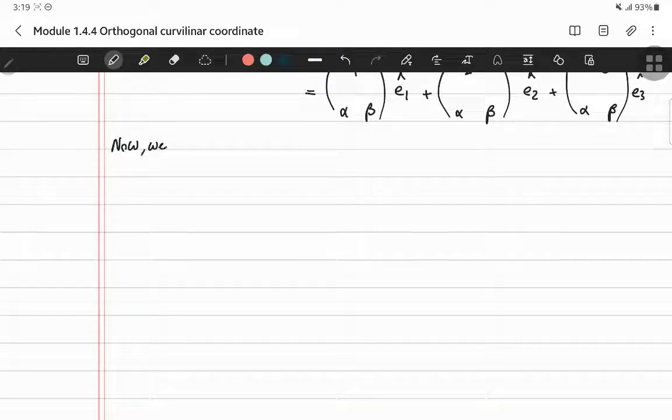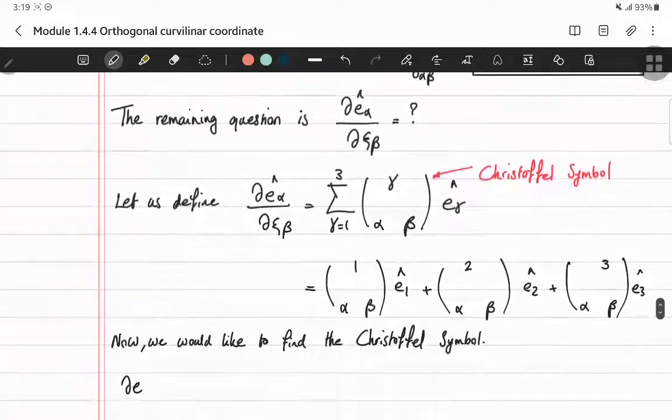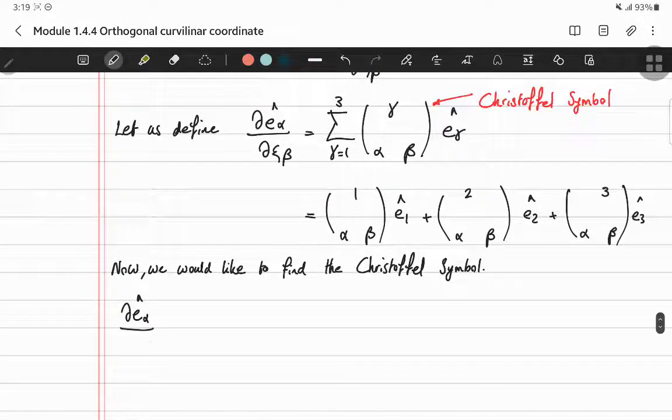Now, we would like to find the Christoffel symbol. We already mentioned that the partial derivative of e alpha with respect to Z beta is equal to this Christoffel symbol, gamma alpha beta e gamma.